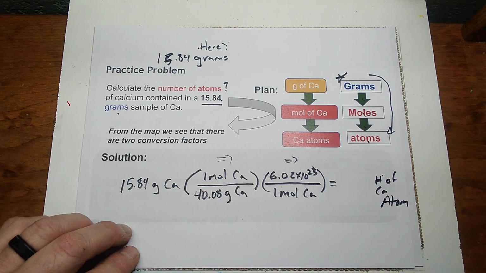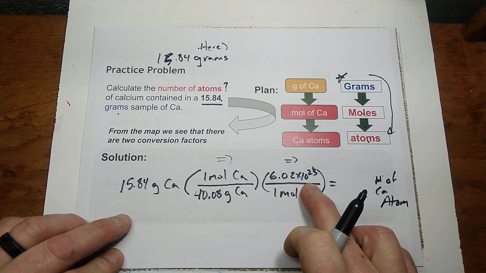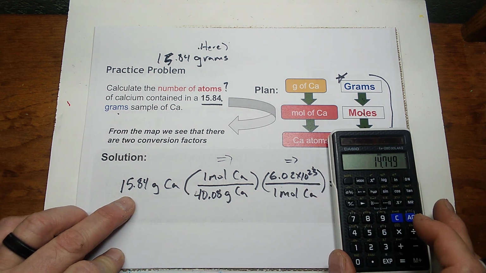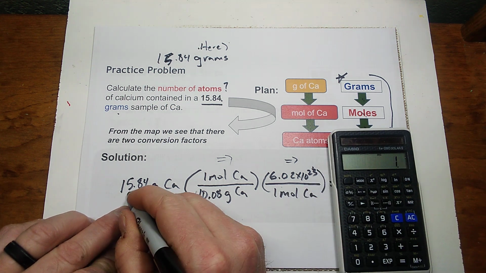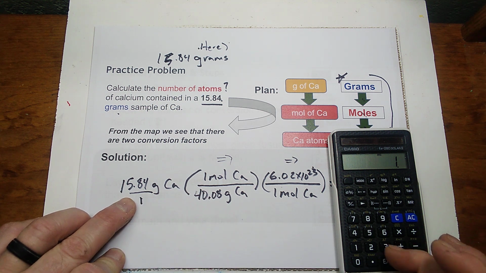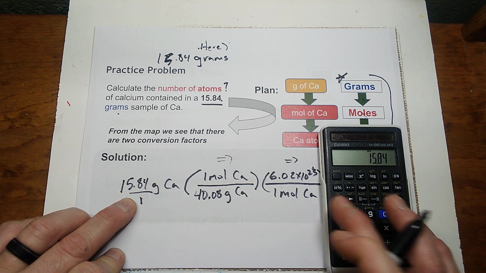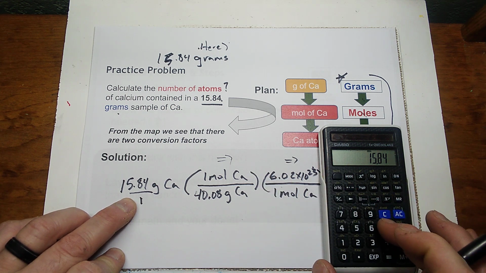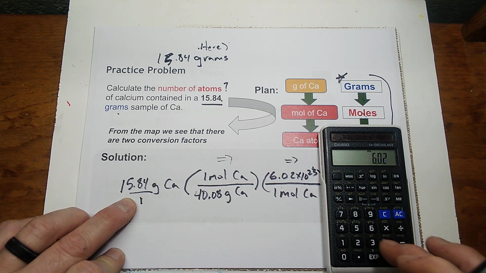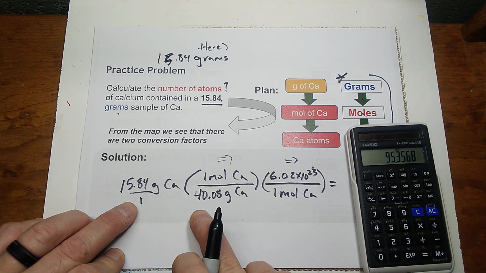So let's do the math, and we're not going to worry about that 10 to the 23rd. Just going to take everything in the numerator. If you need to put that over 1, that's fine. 15.84 times 6.02, hit equals. So what do you do with this number?